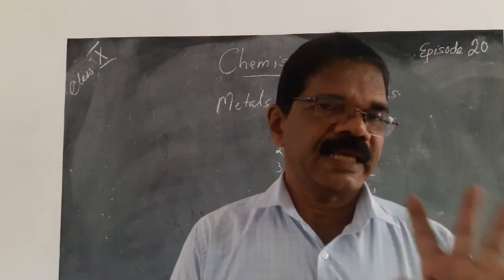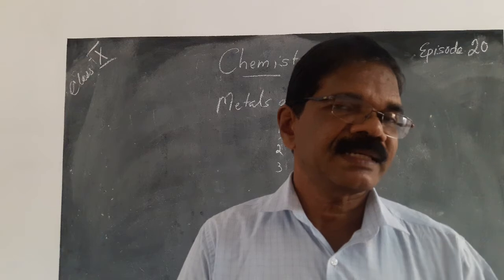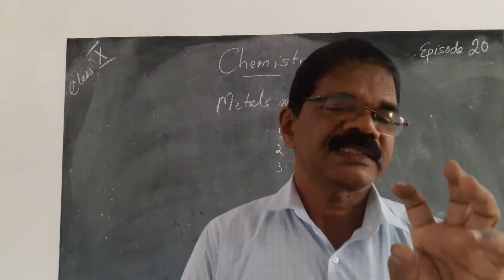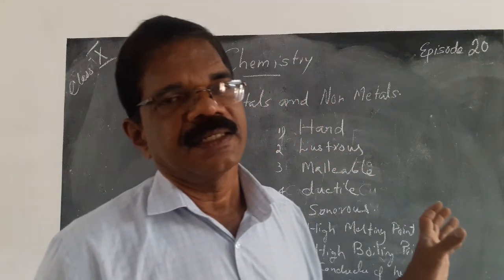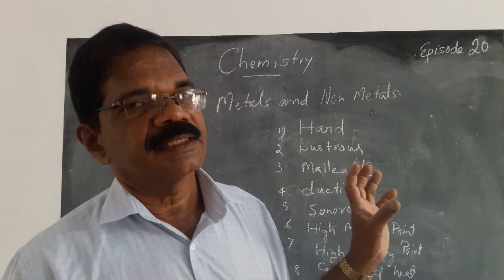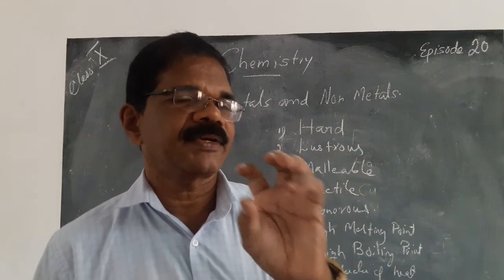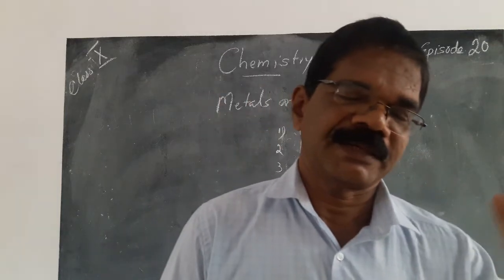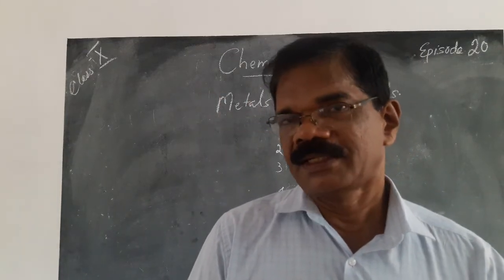These are the common properties of metals. Then there are some metals which are exceptional cases. The first metal to remember is mercury, the only liquid metal at room temperature. All other metals are in the solid state.